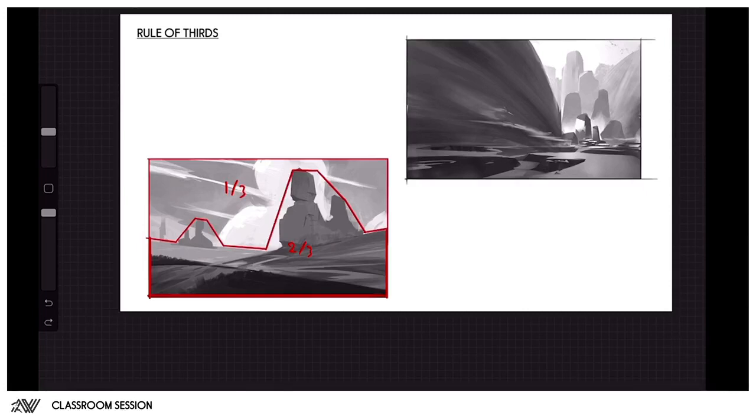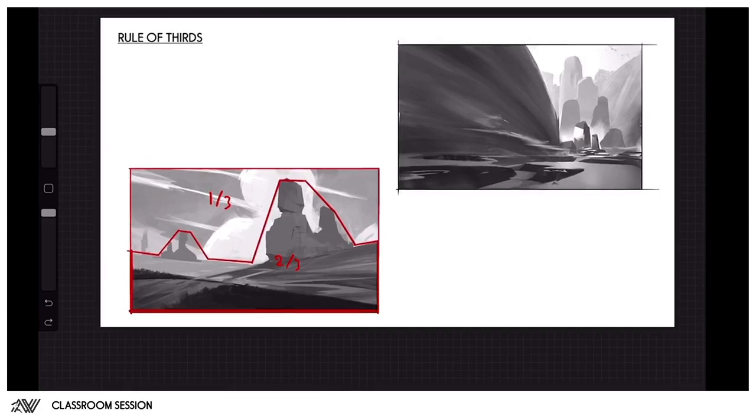You always want something that is dominant and something that is subdominant. So dividing your canvas, especially in the beginning when you're still figuring things out, and following the rule of thirds, that's why it was created, because it actually works. Following that rule is a good idea.